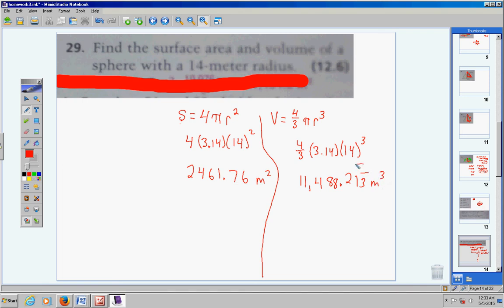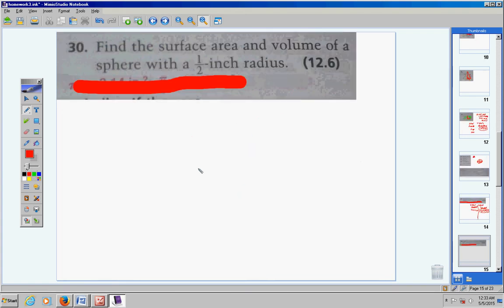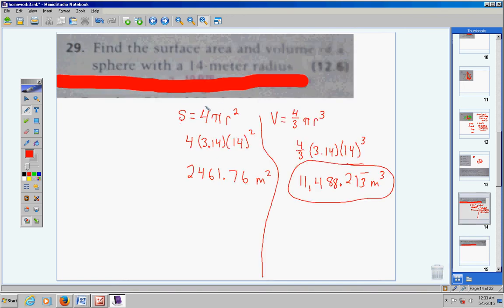That's pretty simple. Just find the volume and surface area of a sphere. Number 30, we're going to do it again, it looks like to me. So let's go back a page. Let's grab these two formulas here. And let's see if we can't move them over to the next page.